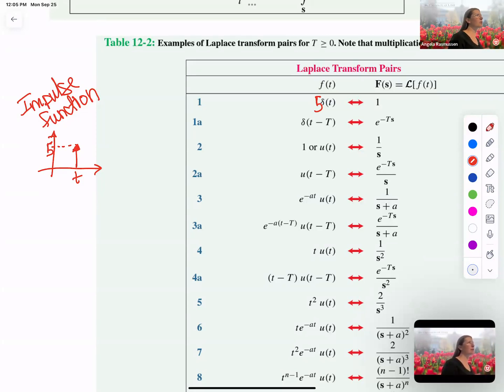So that's all that the impulse means, is that at that specific time. This could actually be a constant voltage, 5 volts. But if I'm measuring it right at t, I call it an impulse function. And so I say delta t, this would be 5 delta t, meaning that just right at that certain time of t. That translates over to a Laplace of 1. So in the Laplace domain, that's going to just be a function of 1.